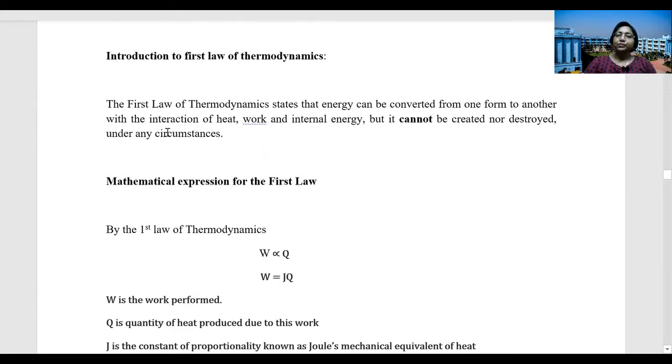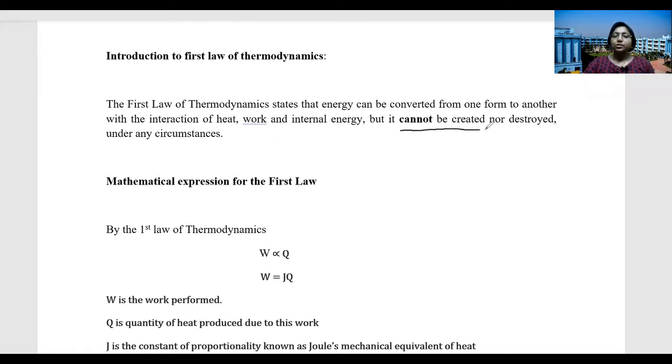So what is the first law? It states that energy can be converted from one form to another with the interaction of heat, work and internal energy, but it cannot be destroyed or created.